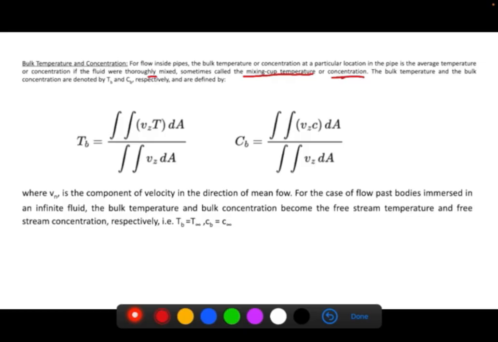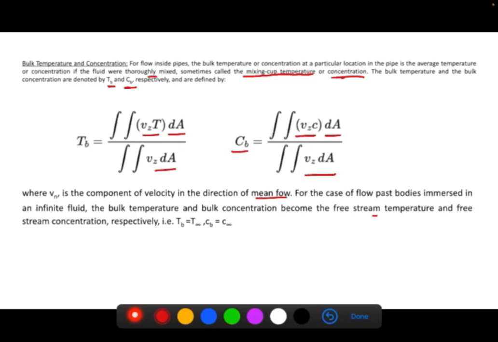The bulk temperature and bulk concentration are denoted by TB and CB respectively and are defined by TB equals double integration of Vz into T into dA upon double integration of Vz dA. Similarly, the bulk concentration is given by double integration of Vz into C into dA upon double integration of Vz into dA. Here, Vz is the component of velocity in the direction of mean flow.